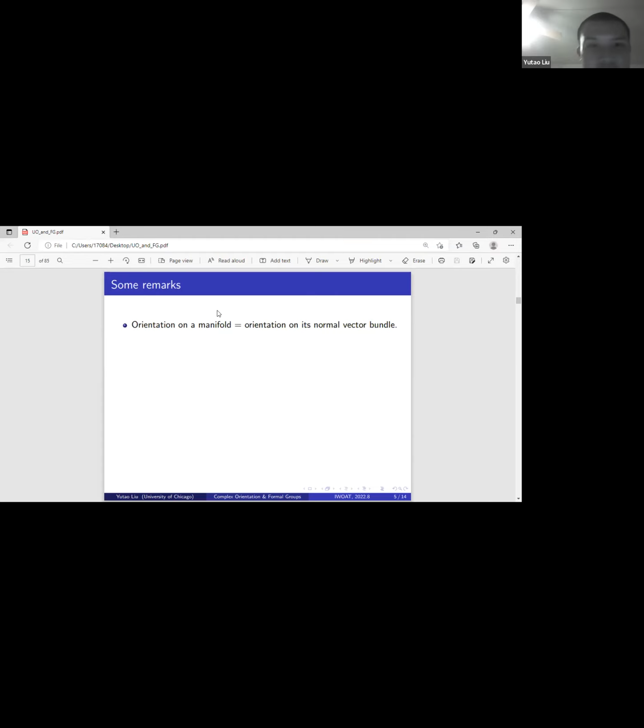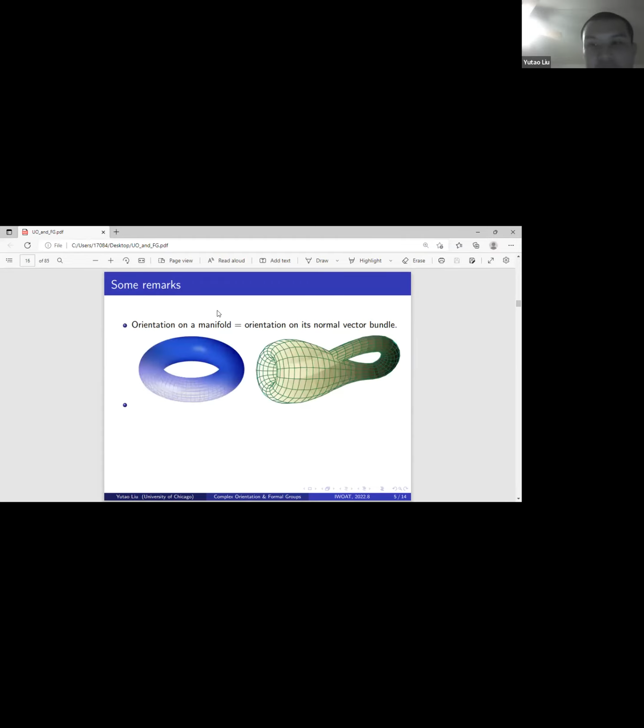So if we go back to the examples of the torus and the Klein bottle, basically you can see that the torus is both Z orientable, actually HZ orientable, and also HZ/2 orientable. For the Klein bottle, it's not HZ orientable because its degree 2 homology with Z coefficient is trivial, but it is still Z/2 orientable.